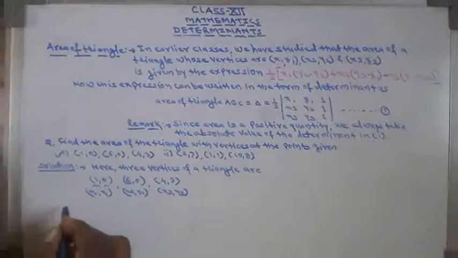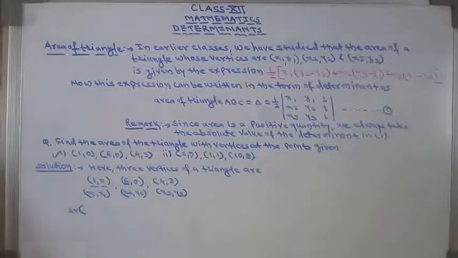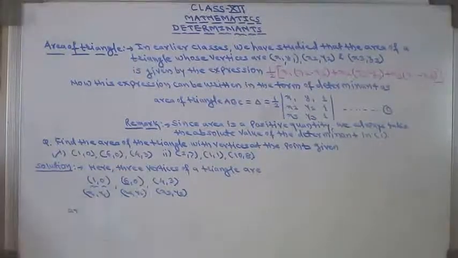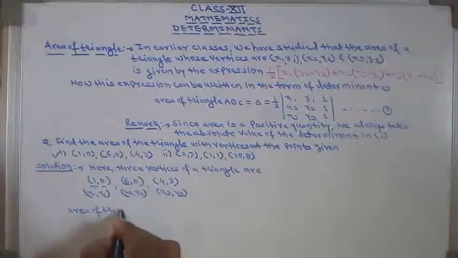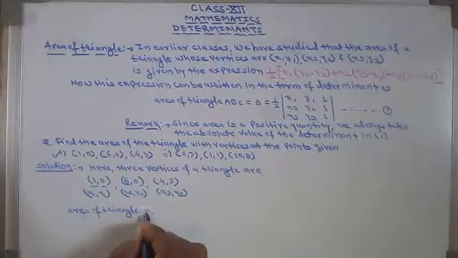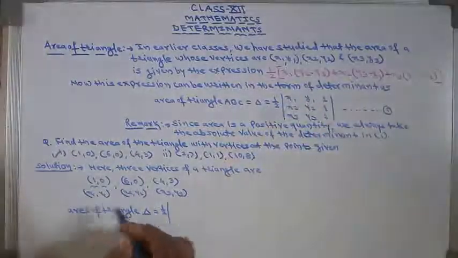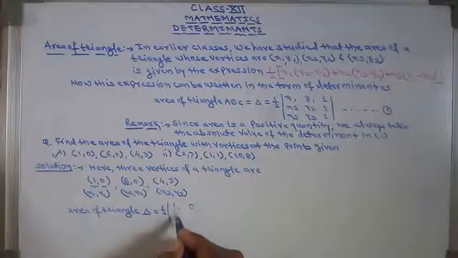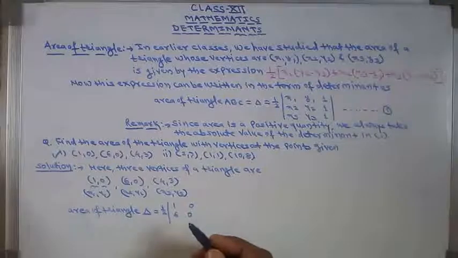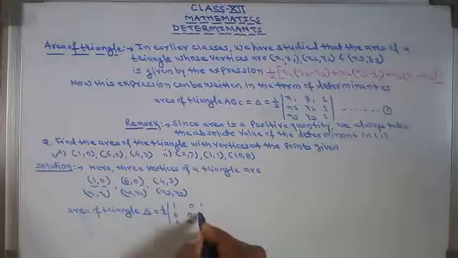Therefore area of the triangle, that is delta, equals half into the determinant: x1 y1, so write 1 0, x2 y2 is 6 0, then x3 y3, that is 4 3, and the last column 1 1 1.